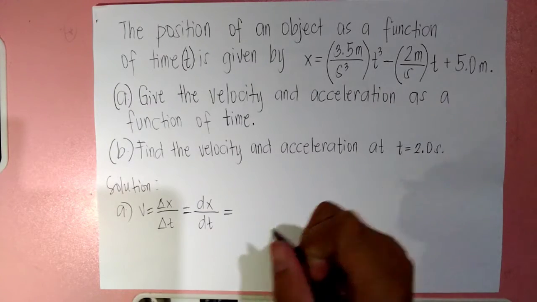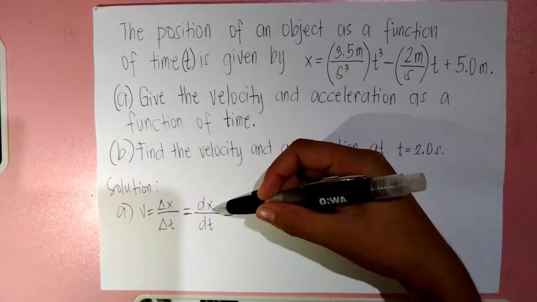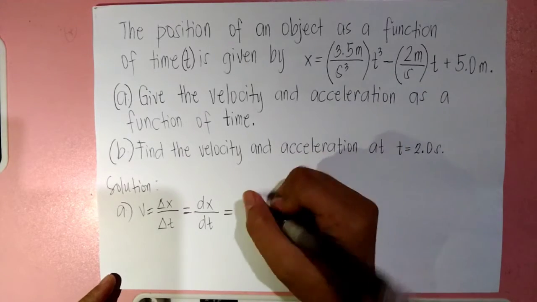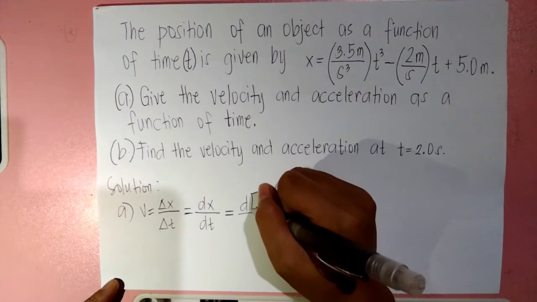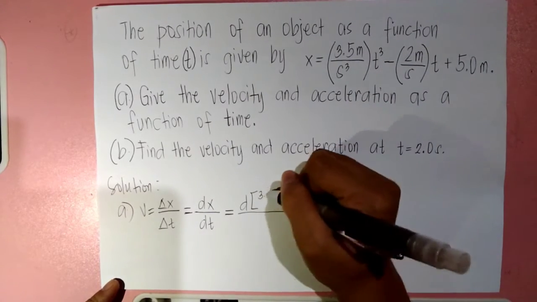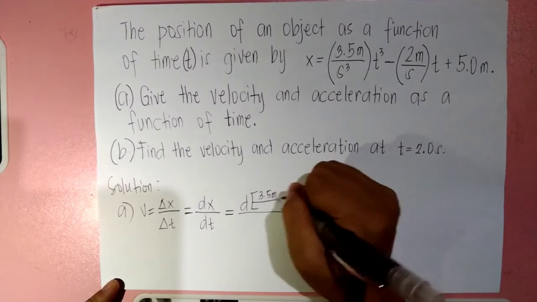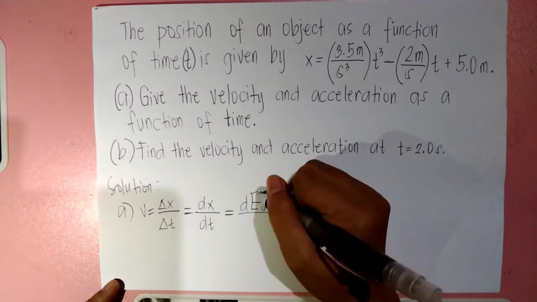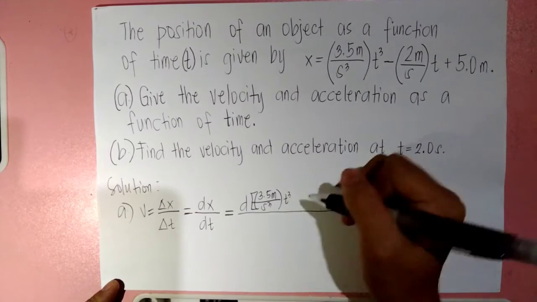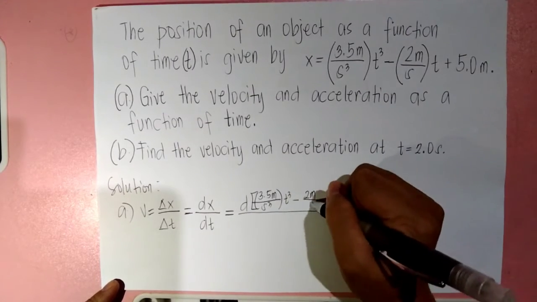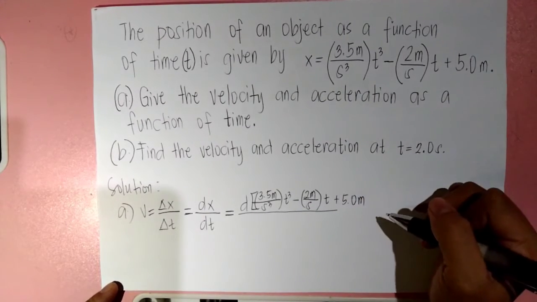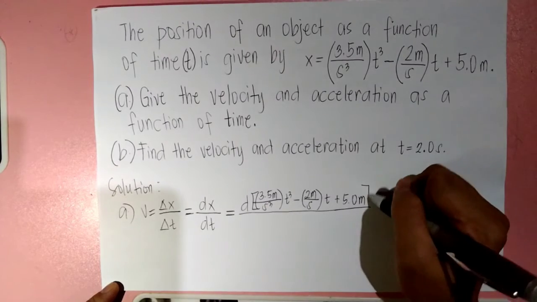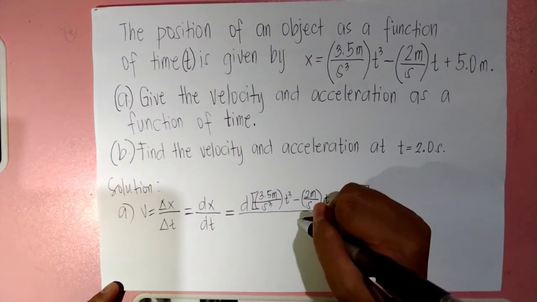Okay, so let's first substitute the value of x given here. So dx is 3.5 meters per second cubed t cubed minus 2 meters per second t plus 5.0 meters, over dt.